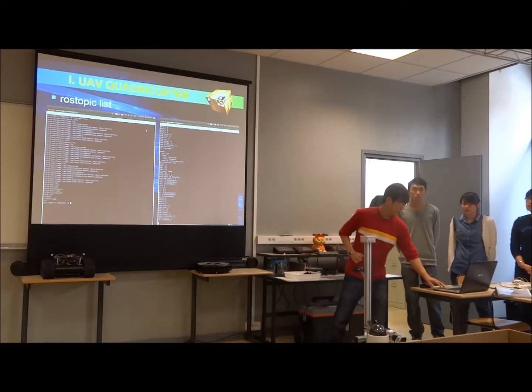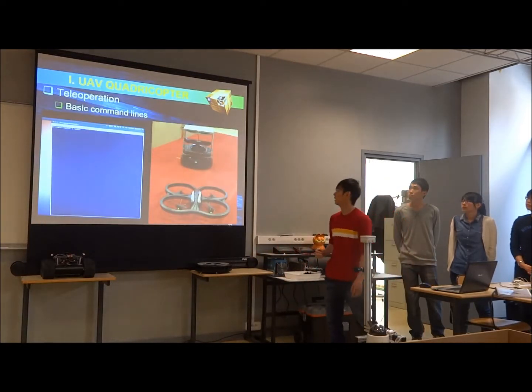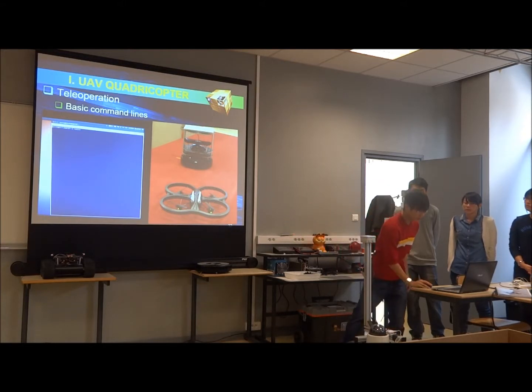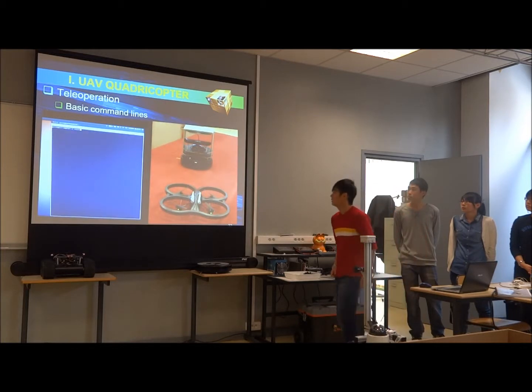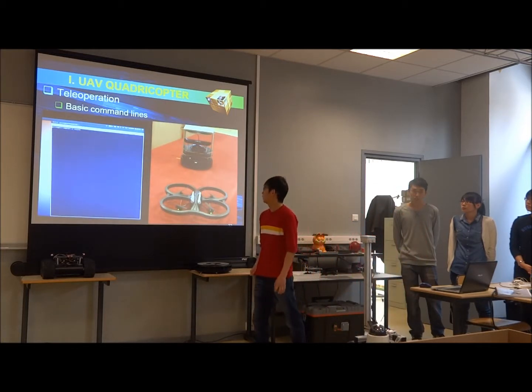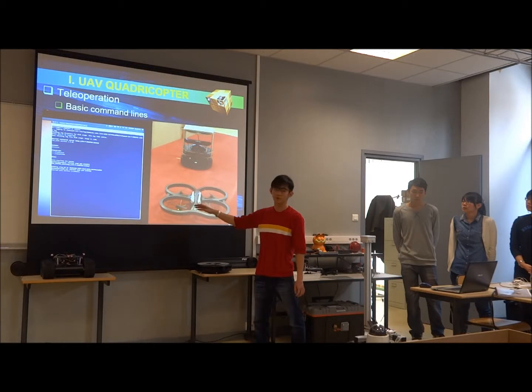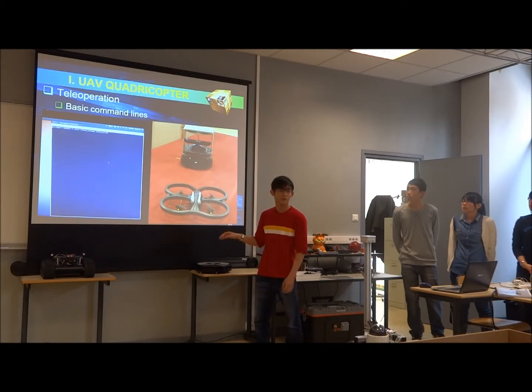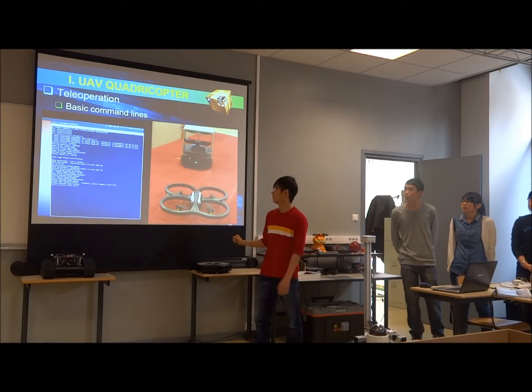So once these are done, I started off with some basic command line teleoperation, and I've compiled a video here. A few things I need to do: you roscore it, and then you run the AR-Drone package for the AR-Drone driver. Of course, all these are done after the Wi-Fi connection is established.